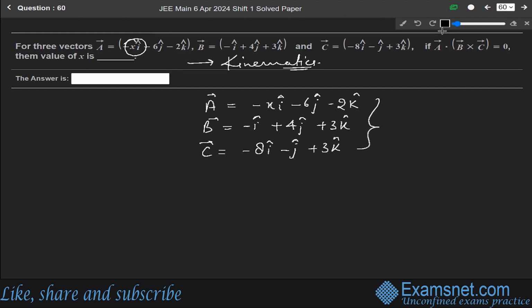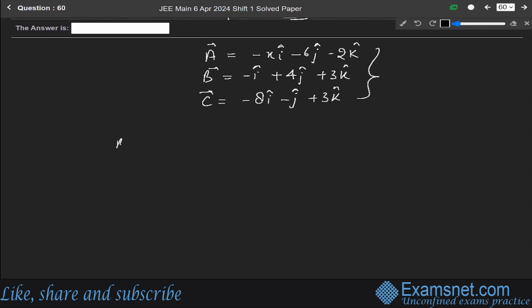Okay, A dot B cross C. So first of all find B cross C. B cross C means let I J K, minus of 1 4 3, minus of 8 minus of 1 3.